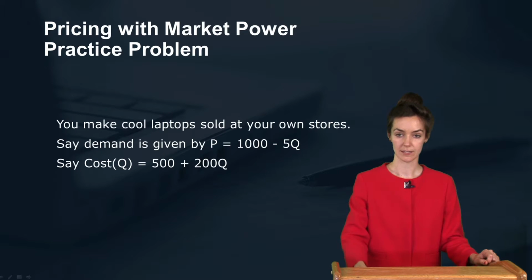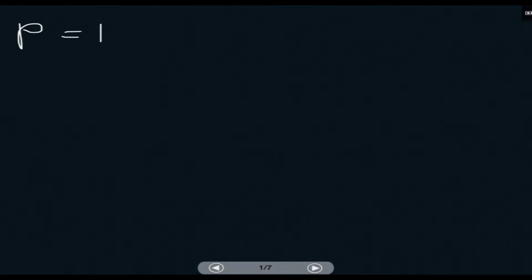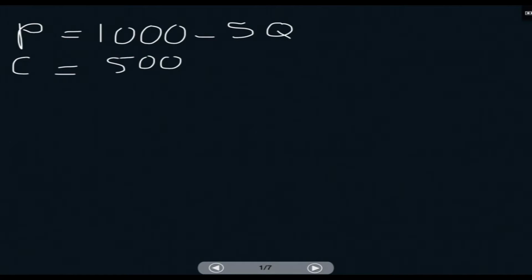So let's take a look at an example. We have a demand of P = 1,000 minus 5Q. And let's say our cost function is 500 plus 200Q. So let's calculate what the profit will be.